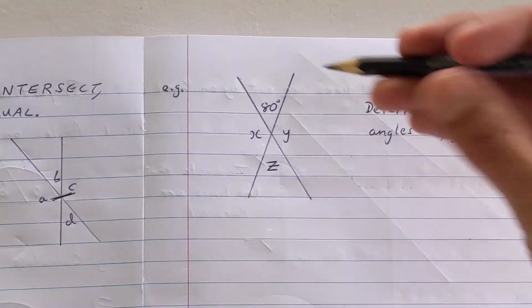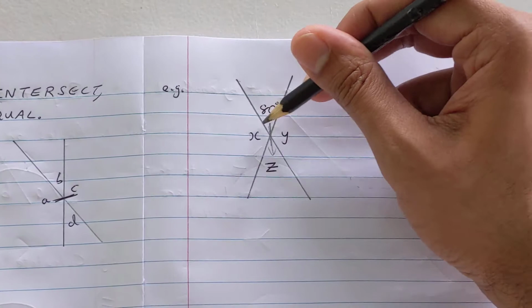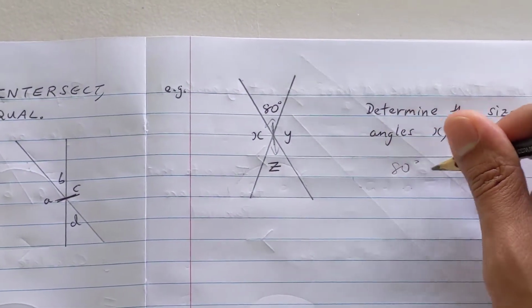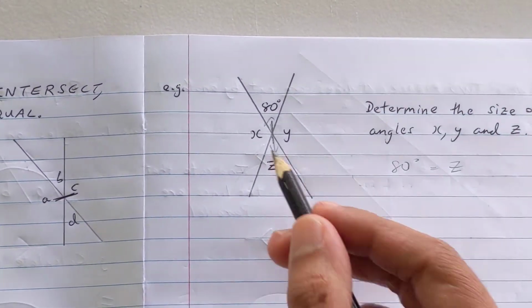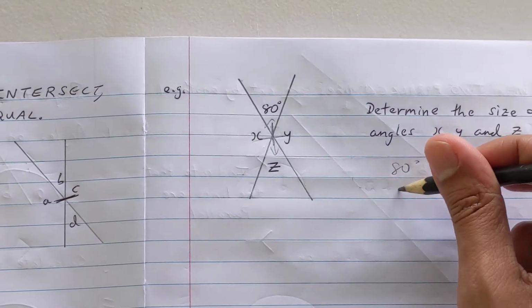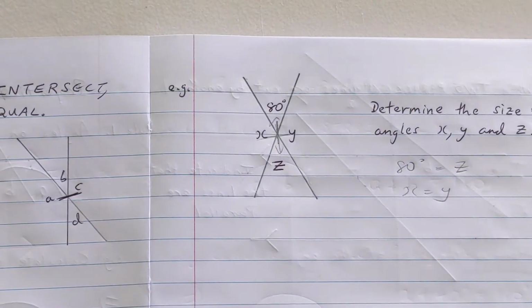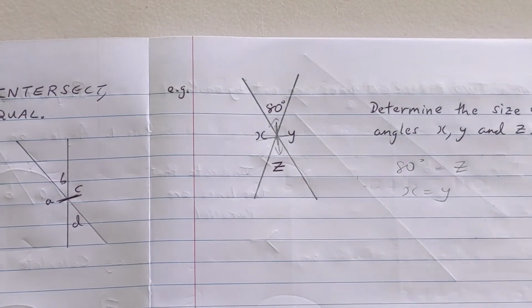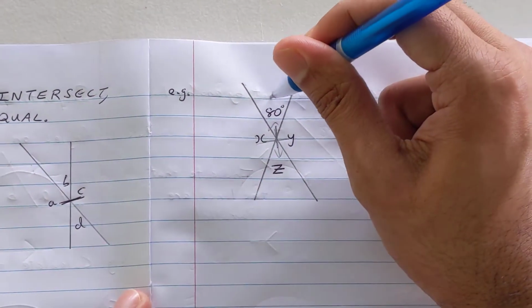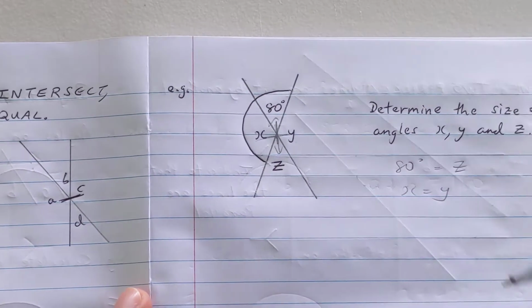So I have different ways I could do it. If we're using this rule here immediately, these two are opposite each other, so I know 80 degrees is going to equal Z, and these two are opposite each other, so I know X is going to equal Y. But I don't have either of those, so that's where the first rule, the most basic rule, comes into play. Since this is on a straight line, you find the straight line that it's on.